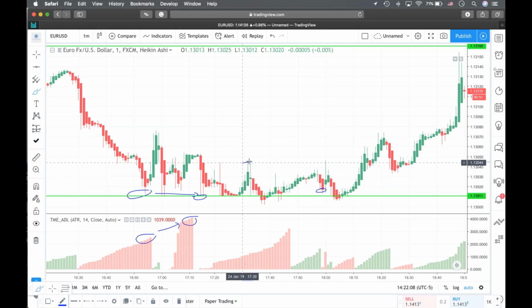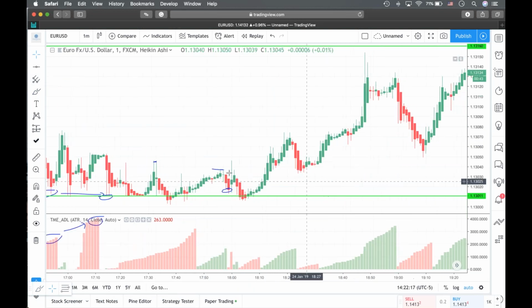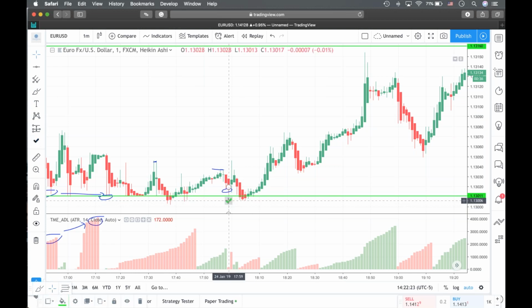Probably taking profit up here or even on this slight spike up here. But again, we're focusing on expiration purely. And 7 will give you a better win. Okay, so we have another win here. And we have another win all the way up here.